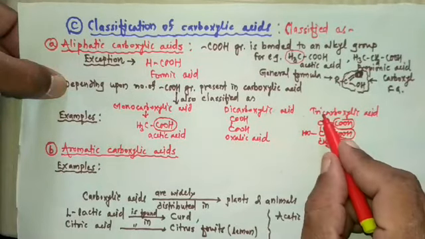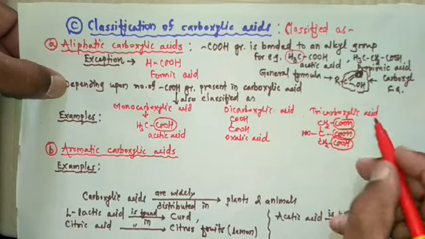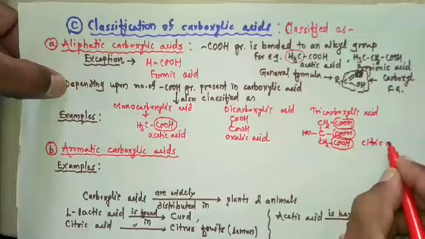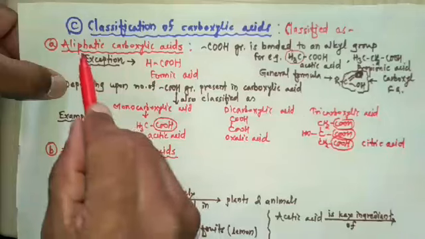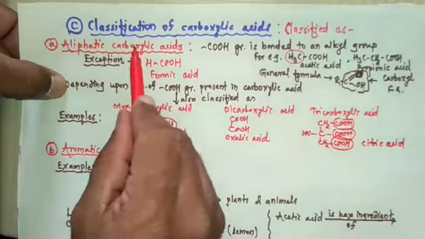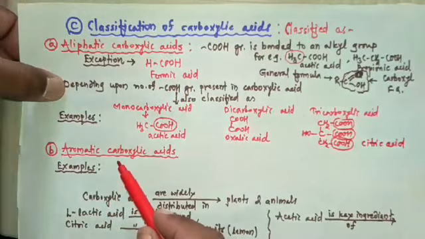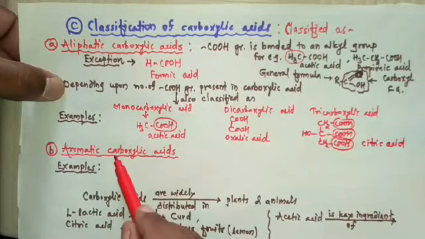That's why this is the example of tricarboxylic acid, and name of this compound is citric acid. So after studying aliphatic carboxylic acid in detail, now we are going to study the next, that is the aromatic carboxylic acids.